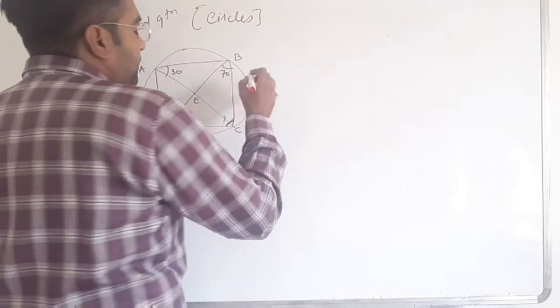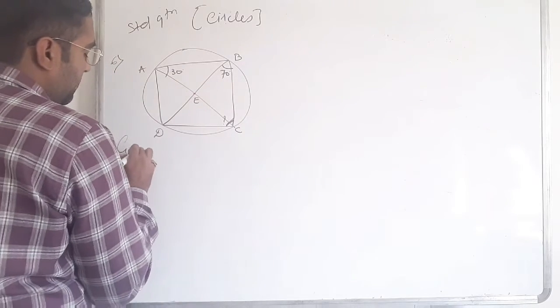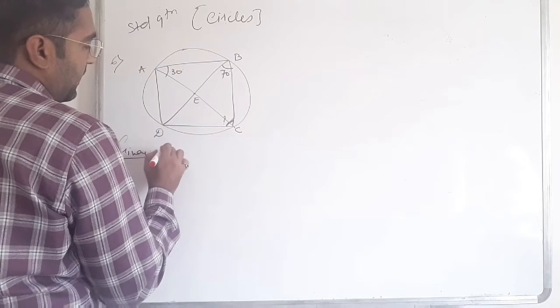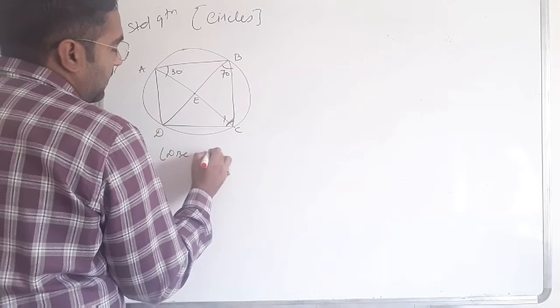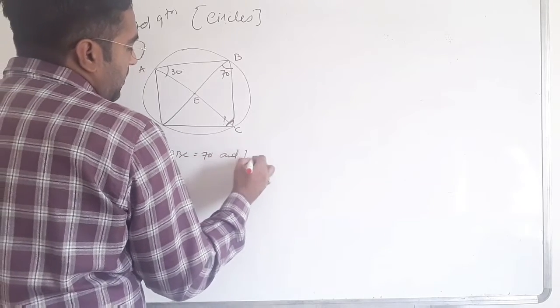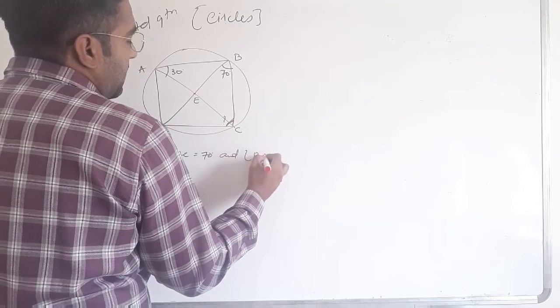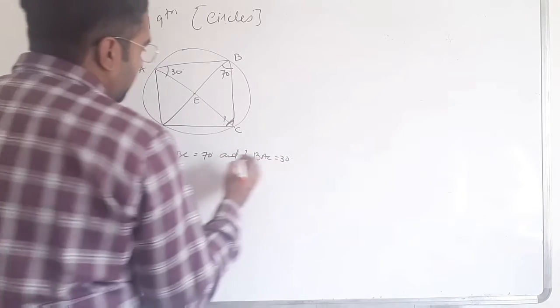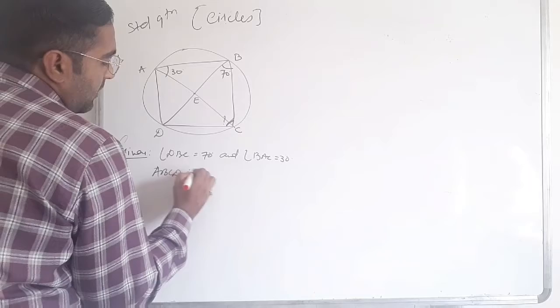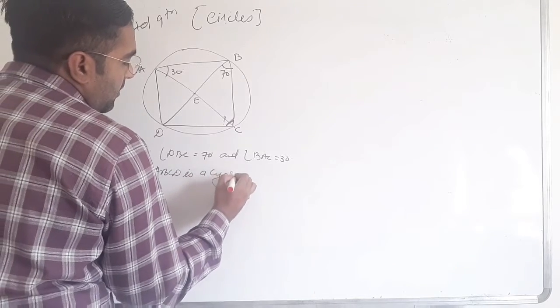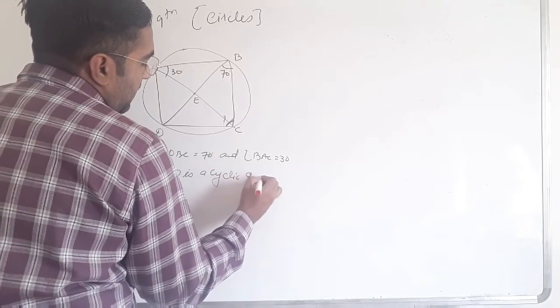So as per the given, angle DBC is equal to 70 degrees and angle BAC is equal to 30 degrees. ABCD is a cyclic quadrilateral.